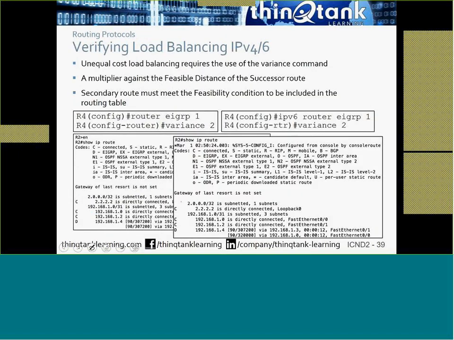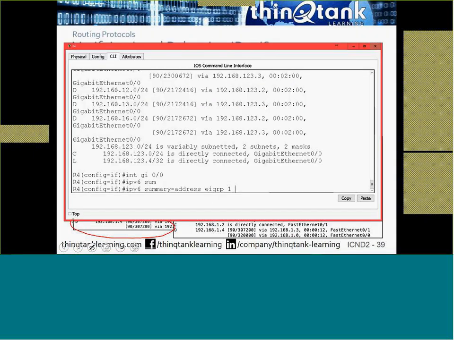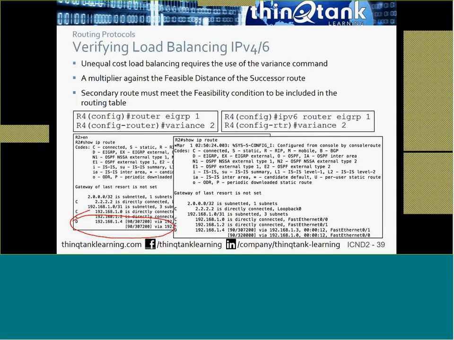All right. How do you know if you're load balancing a path? Look at the routing table. If you see multiple entries for the same route, you're doing load balancing. Now let's take a look at our topology here real quick. And this part I want you guys to participate in, not just follow along.